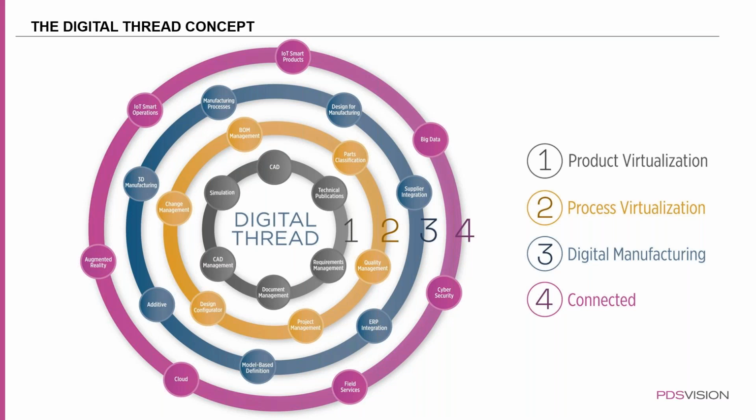So this is the concept of digital thread, out of which today we will be going through the CAD, BOM management, and manufacturing process planning. This is the part that we will be discussing today with respect to BOM management.